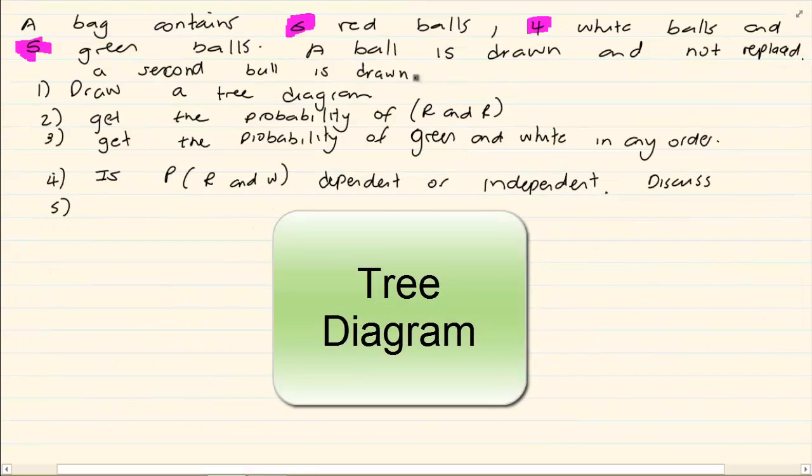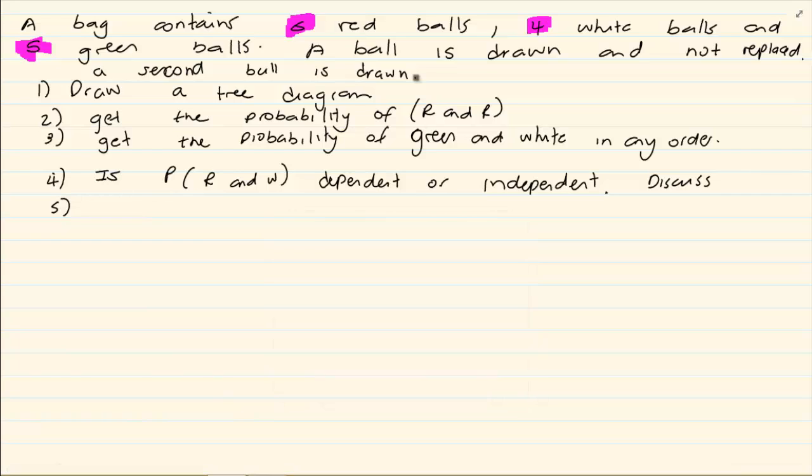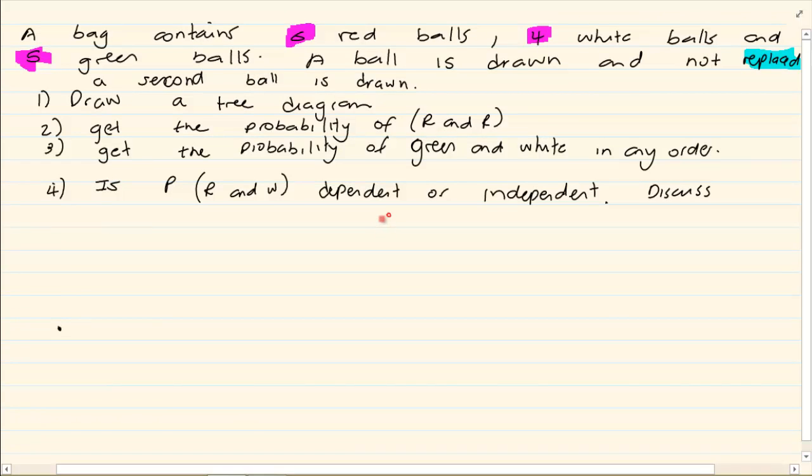If you look at this, it says a bag contains 6 red balls, 4 white balls and 5 green balls. A ball is drawn and not replaced. That is important. Then a second ball is drawn. Now what happens is, you have 3 branches.